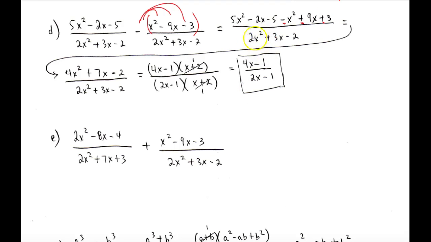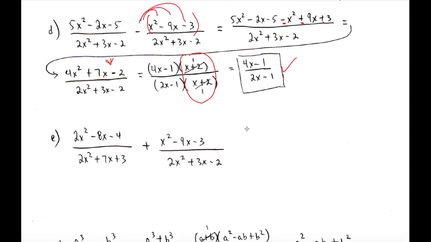So from that point, we combine like terms, which is what happens here. And then after that, we factor both numerator and denominator, and we find that we have a common factor of x plus 2, so that reduces to 1. And our final answer just ends up being 4x minus 1 divided by 2x minus 1.